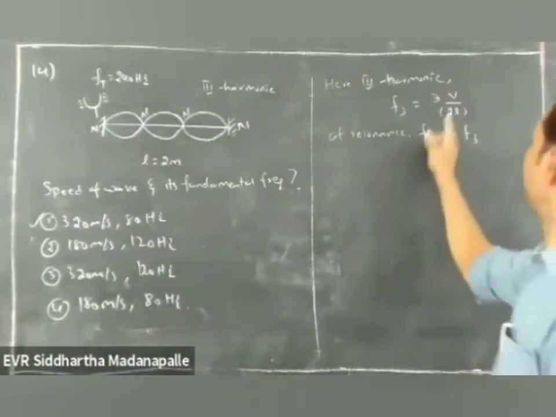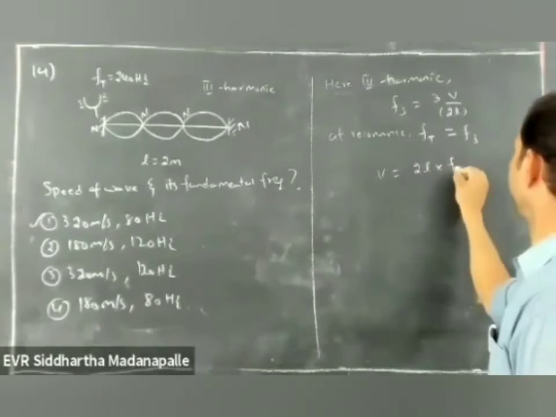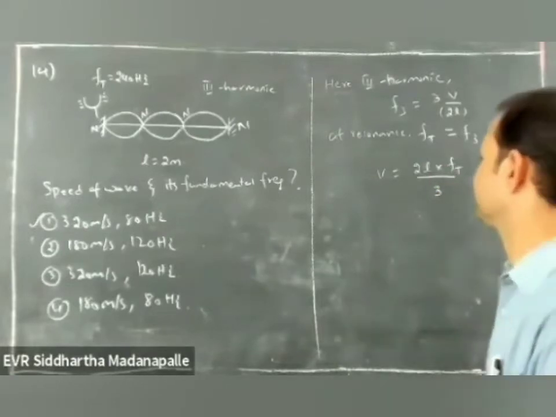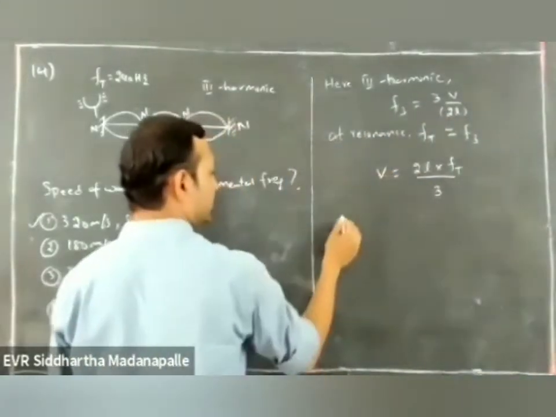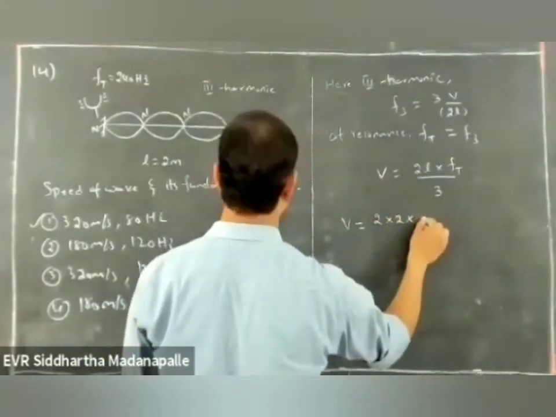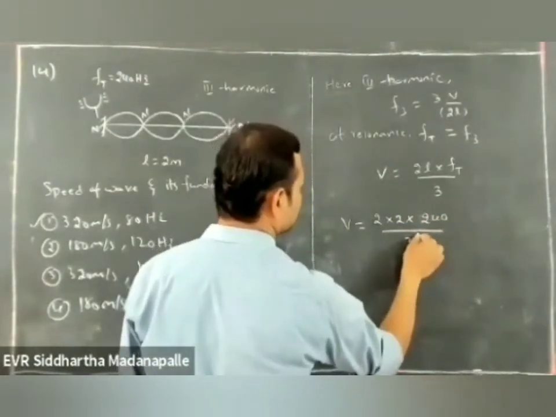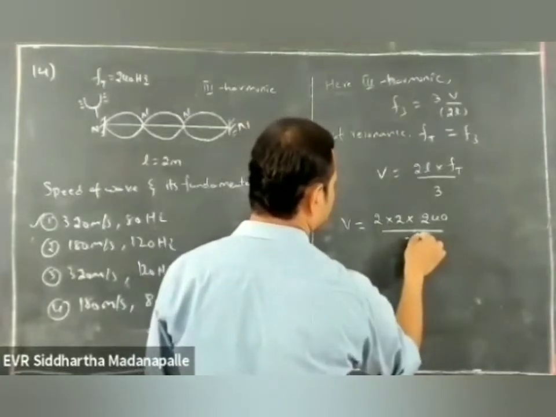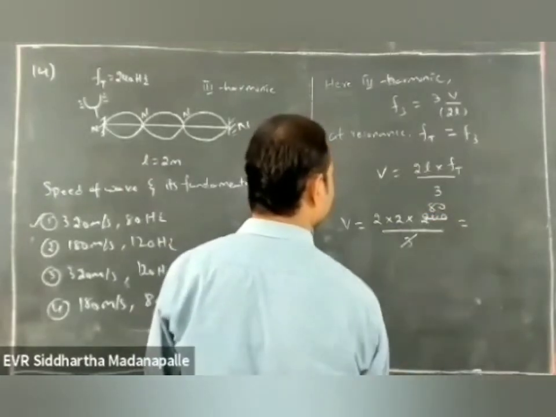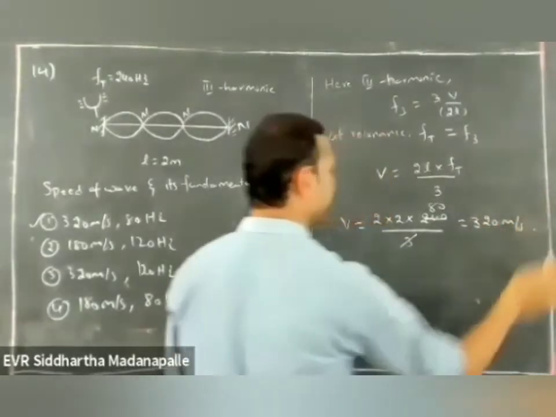So what is the V value? V is equal to 2L into F3 by 3, writing the tuning fork frequency Ft for F3. So the speed of the wave is V equals 2 into 2 into the frequency of the tuning fork 240 by 3. 3 8s are 24, 8 4s are 32, so 320 meters per second.